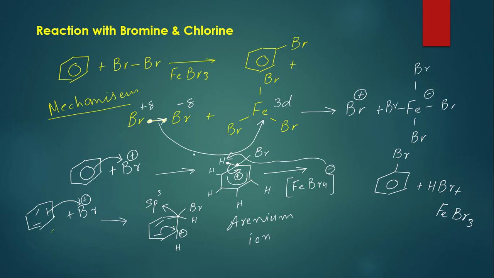Okay, so this is the mechanism of bromination in the presence of FeBr3, and our further products are HBr plus FeBr3 again, our catalyst. So this is the reaction of bromine with benzene with its complete mechanism.